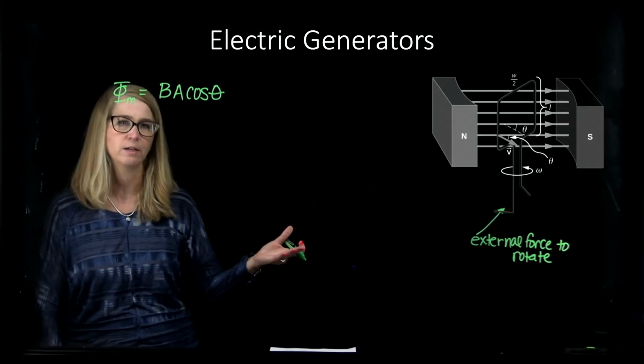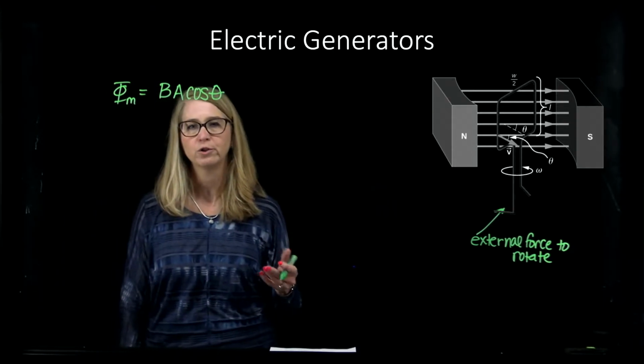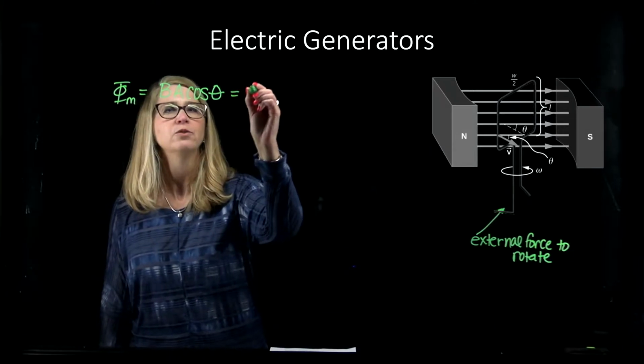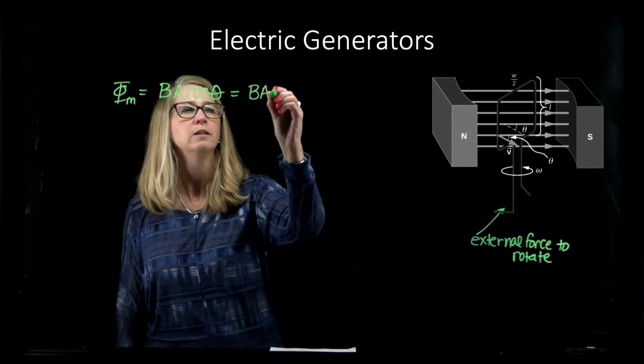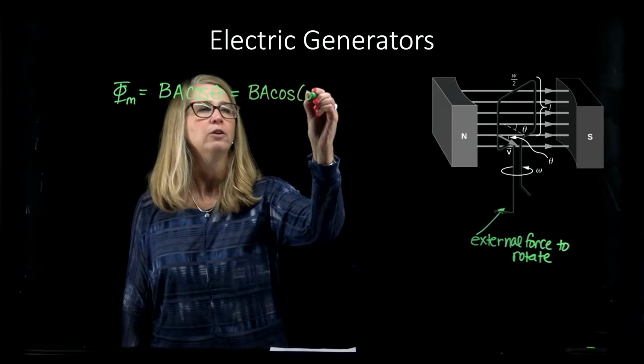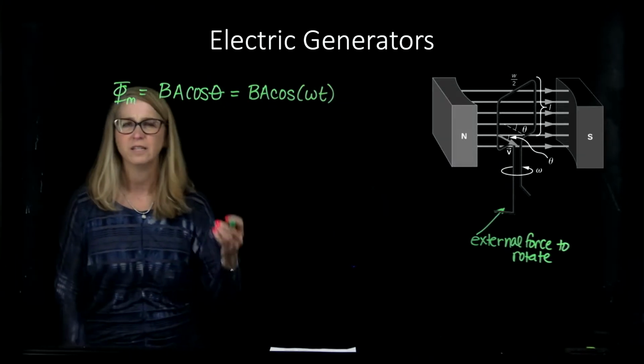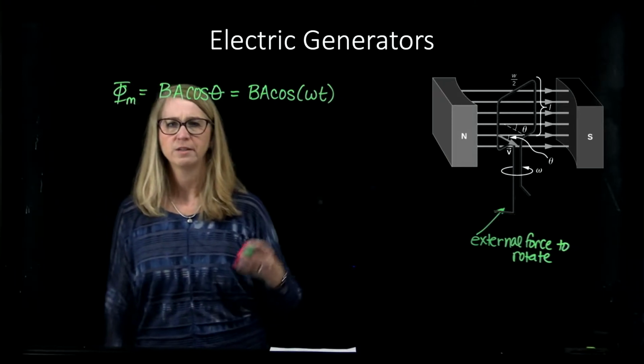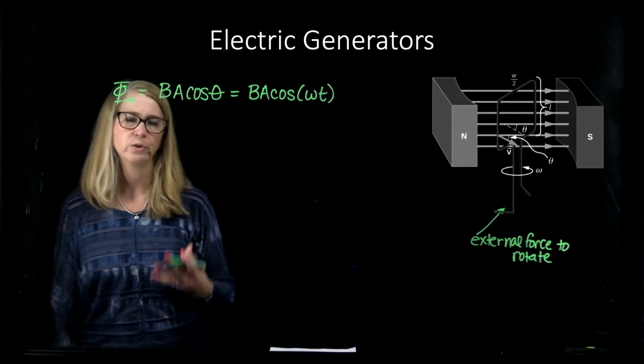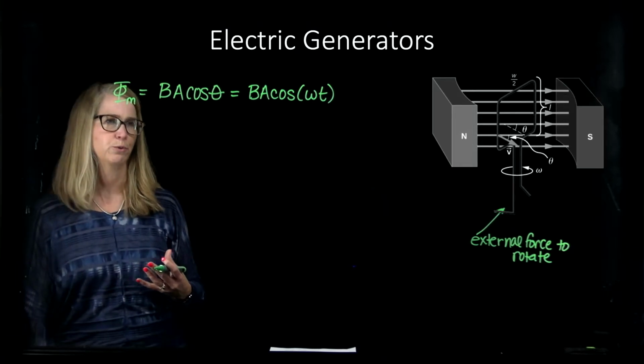In fact, I said it rotates with a constant angular speed of omega. And so we can rewrite the angle as omega times t. That's simply the angle equals the angular velocity times the time. So this is the magnetic flux through the loop.